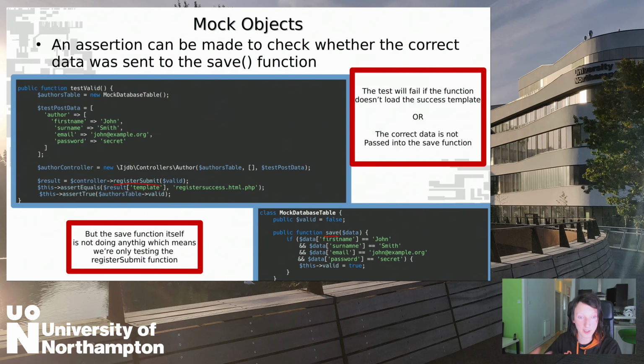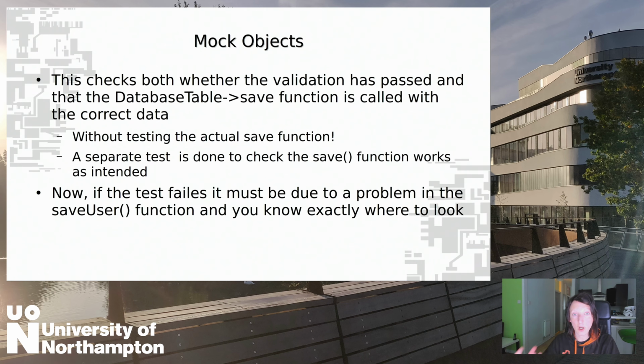And in the real application, where the save function is the real version of the save function, not the dummy version, which we've got here, and not the mock version, which we've got here, we know that it will be sent the correct information and the data will be handled correctly. And we've now got a very robust test. We're checking that the register submit function is returning the correct value and also calling the save function in the database table class with the correct data.